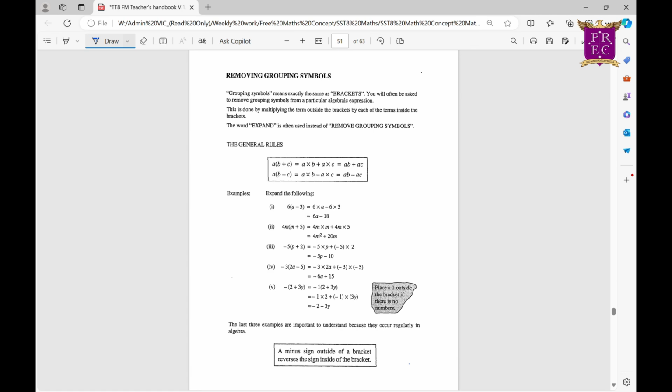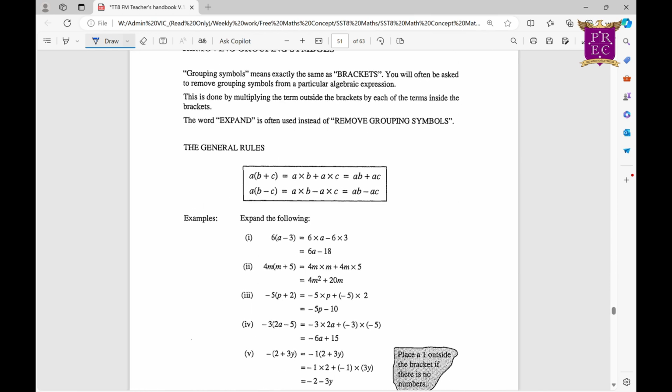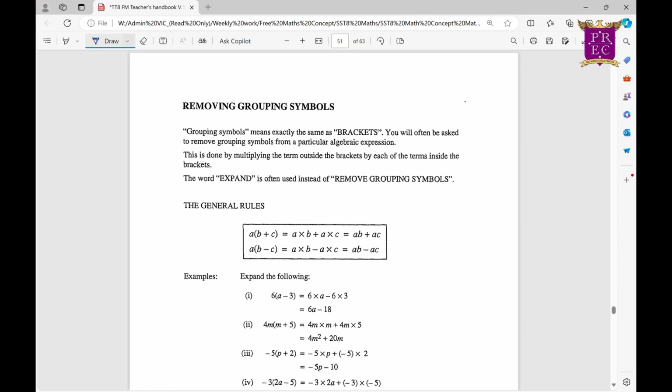As you can see, we will first begin with expansion, and essentially what expansion asks you to do is to remove brackets by multiplying the term outside of the brackets by each of the terms inside the bracket.